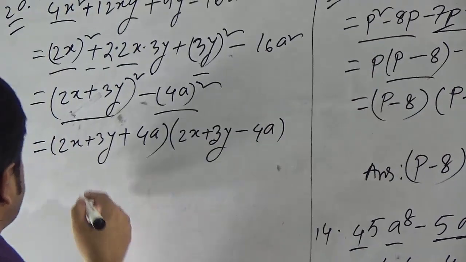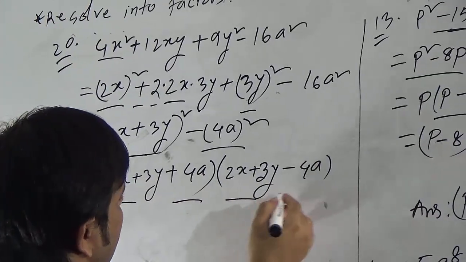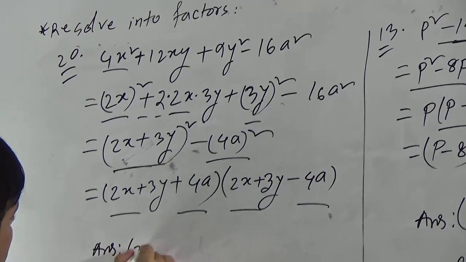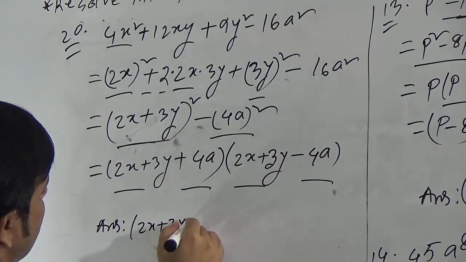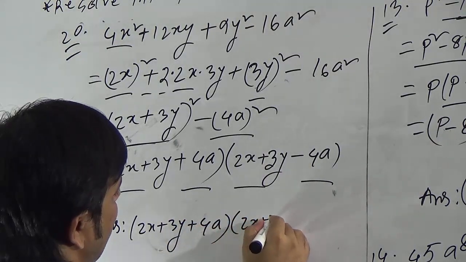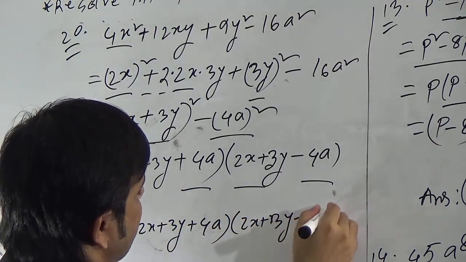So our required answer for this question is 2x plus 3y plus 4a into 2x plus 3y minus 4a.